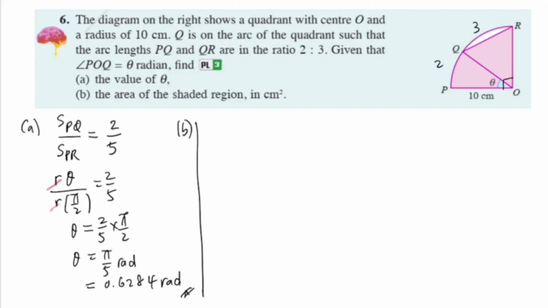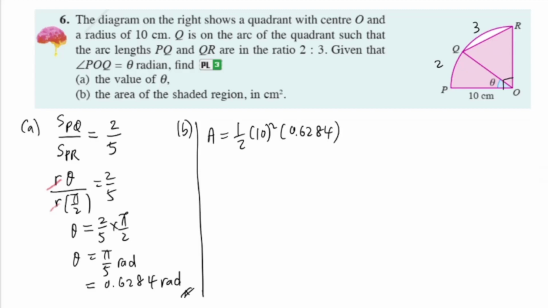To find area of shaded region, there are two parts to it. One is a triangle, and one is the sector of circle. Now I like to use half r squared theta plus half ab sin C because I find ab sin C much easier. Your r is 10, you square it, theta is 0.6284.